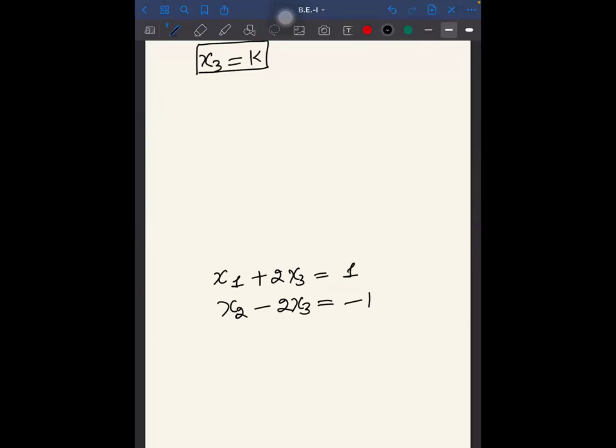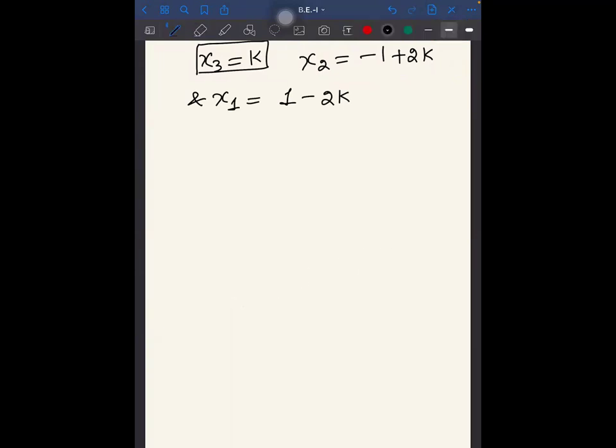So if your x3 is equal to k, then your x2 would be what? Minus 1 plus 2k. And x1 will be what? 1 minus 2k. So these are the solutions. Okay. So solution set is 1 minus 2k, minus 1 plus 2k, and k. So you keep on changing the values of k, you'll get infinitely many solutions.